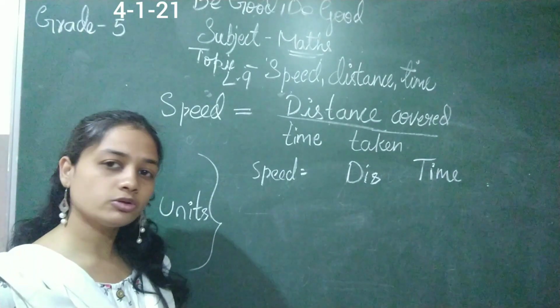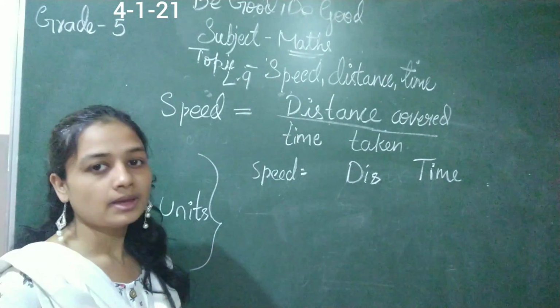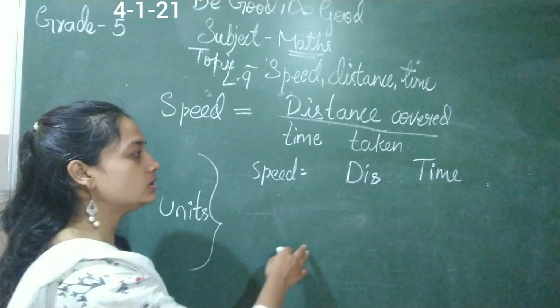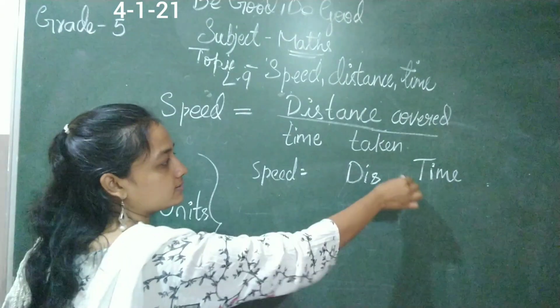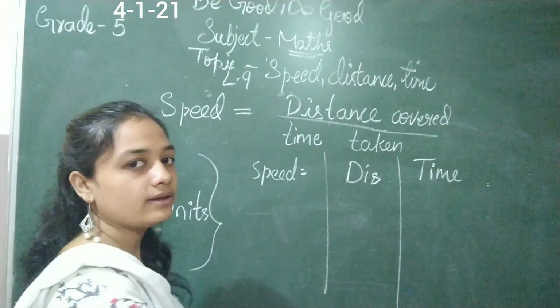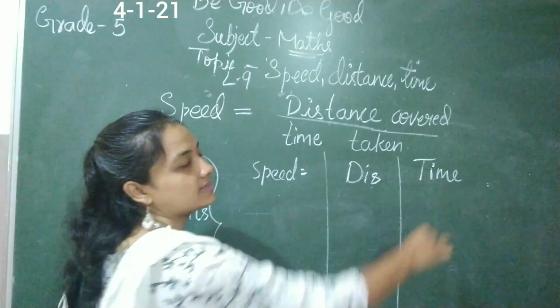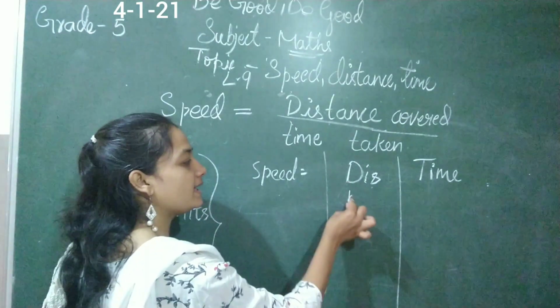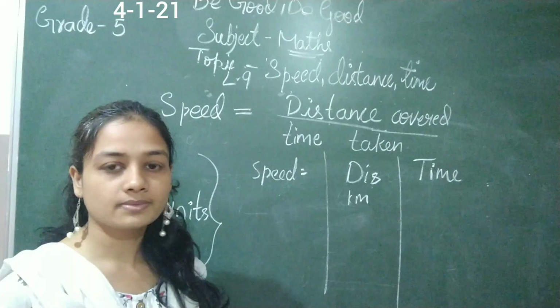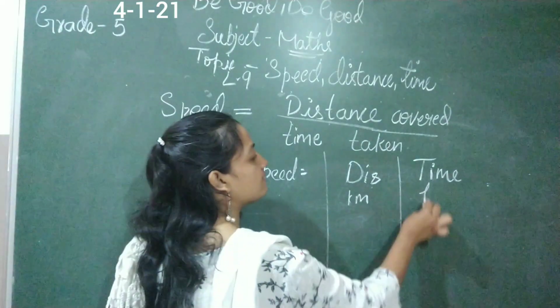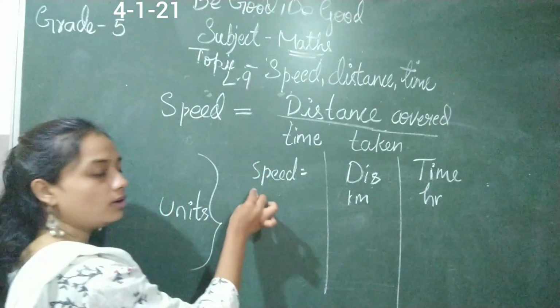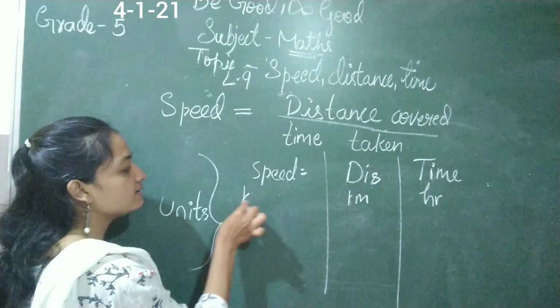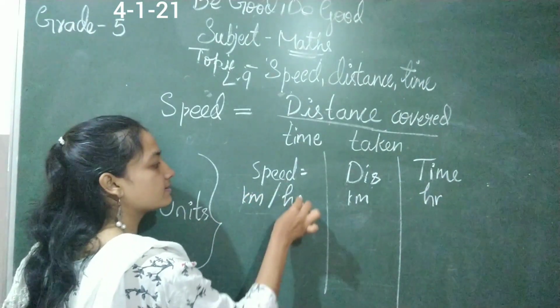Similarly, for speed also you have different units, but all the units will depend on these two factors, means in which unit are you measuring this. Example, if distance I am taking in kilometers and time in hours, the unit of speed will be kilometer per hour.